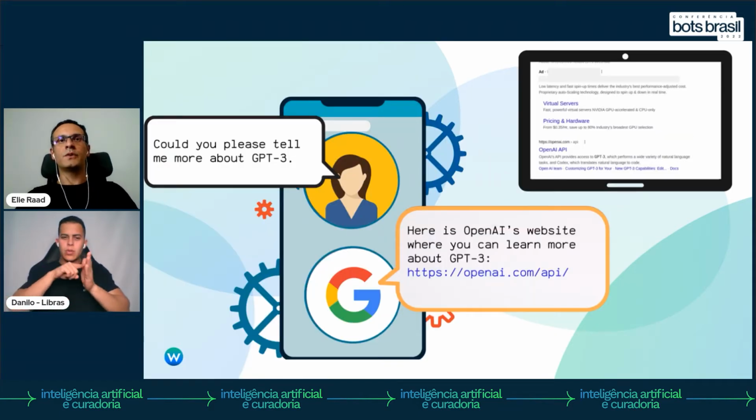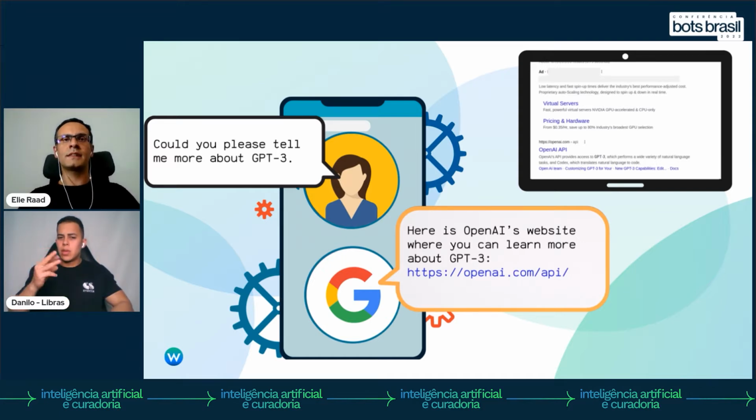So for the same query, GPT-3, now we can imagine this conversation between the user and Google. The user is asking Google, could you tell me more about GPT-3? And Google will provide the first organic result that we saw, which was the OpenAI API result. So this is a discussion.